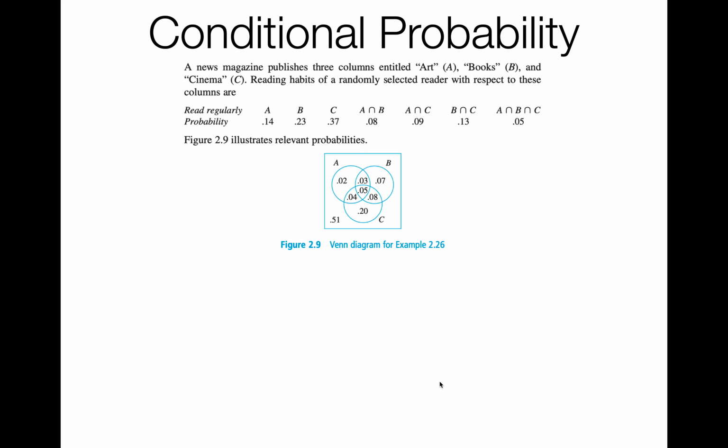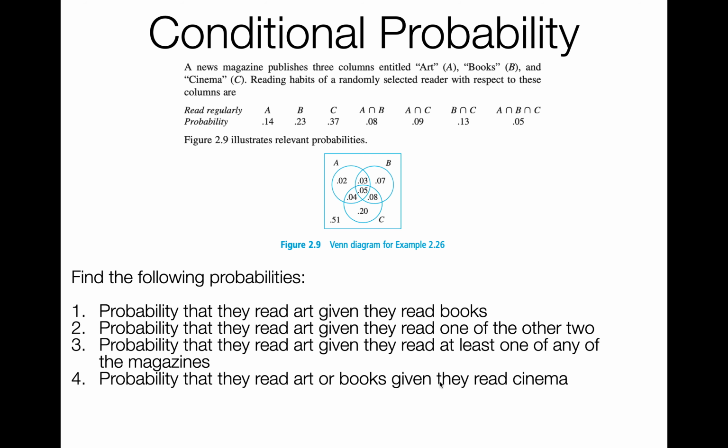5%. Right? And they give you a nice Venn diagram at the bottom there to help us solve the probabilities that we're going to try to look at. Okay, so I have four probabilities here, and we'll try to get at each of them.